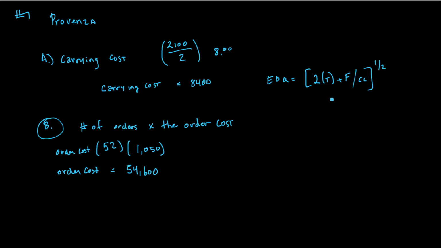Let's fill in these numbers. T stands for the number of times we order.